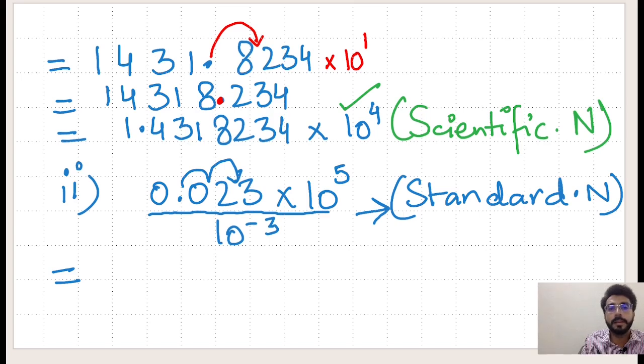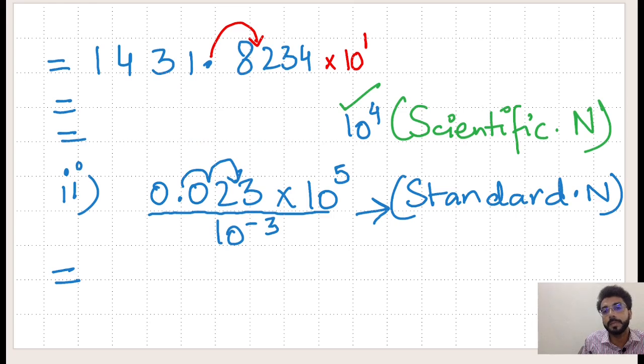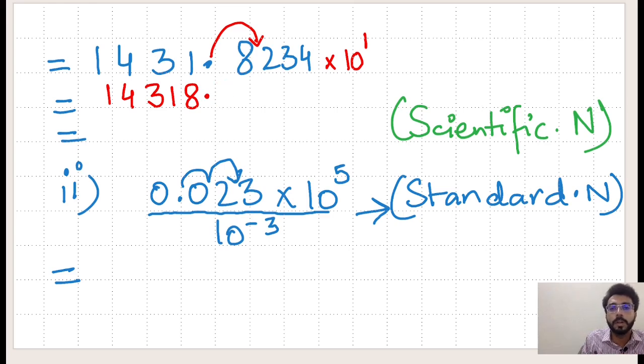Let's write it again so you understand clearly. It will become 1431. The decimal point moves from here to this point. So it will become 14318.234. Now we have to write this finally in scientific notation.